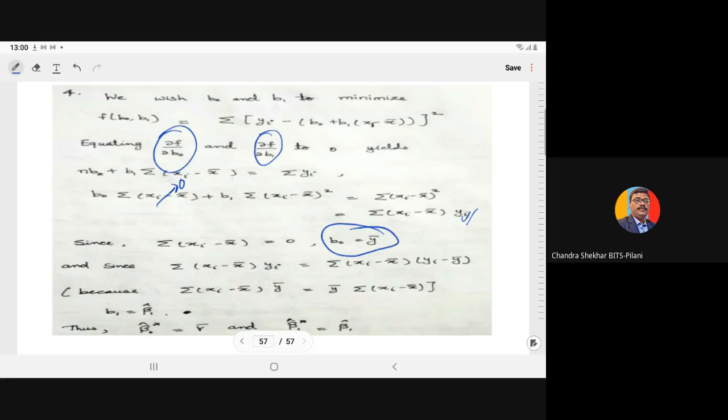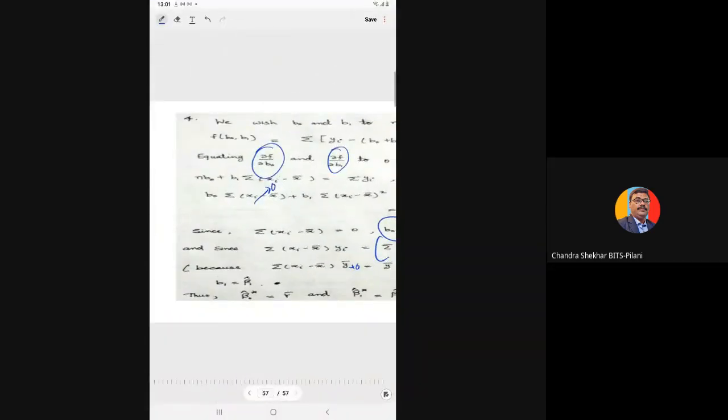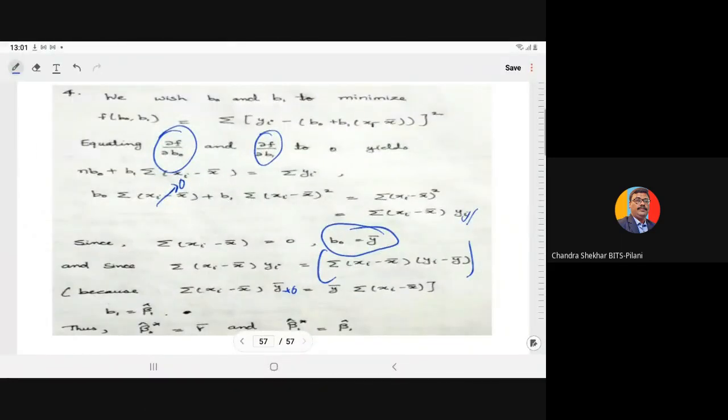So it becomes summation of (xi minus x bar) into yi plus 0, and that 0 can be written as y bar summation of (xi minus x bar), so this is equal to summation of (xi minus x bar) into (yi minus y bar).